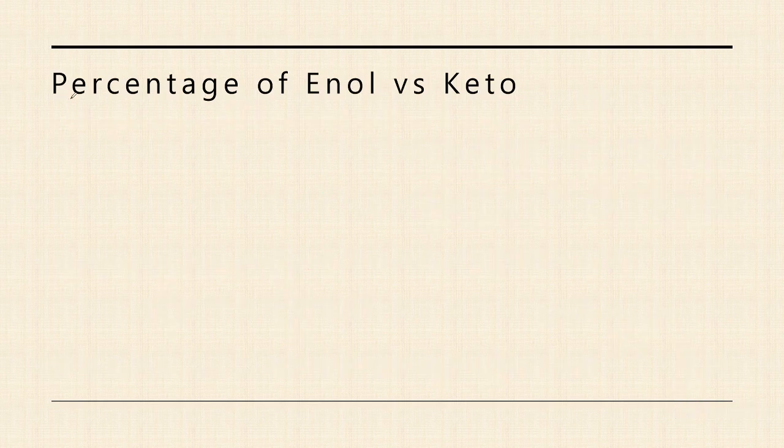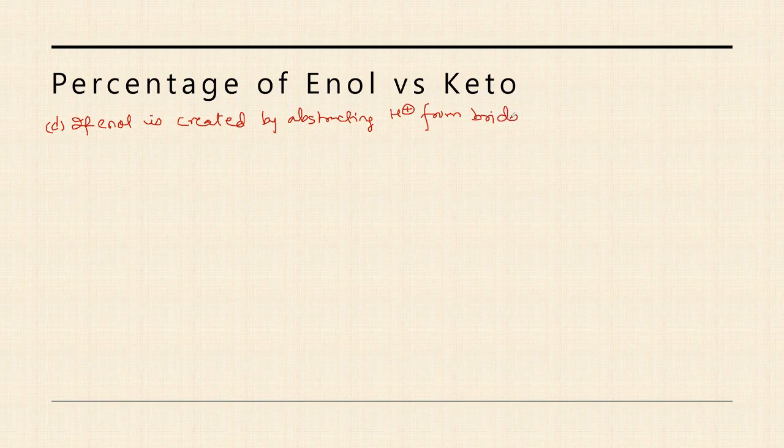Next, fourth, if enol is created by abstracting H plus from bridgehead position, then keto is 100%. Okay.